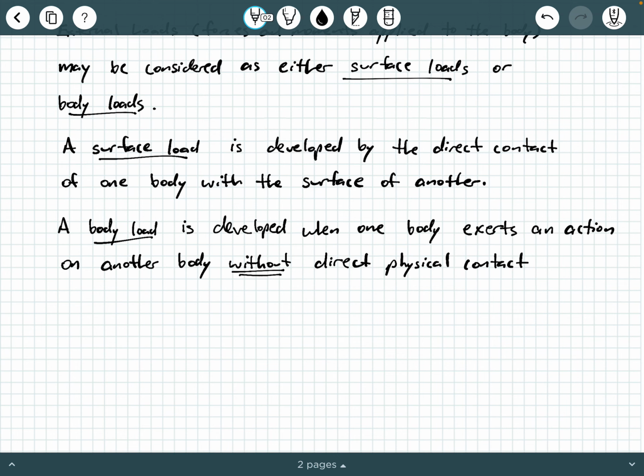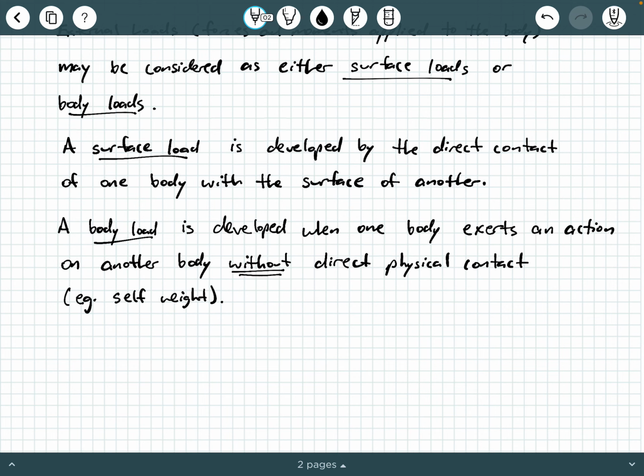So an example of this is self-weight. An example of a body load is self-weight, or the weight of the body itself, the weight of the actual body that you are looking at or analyzing.